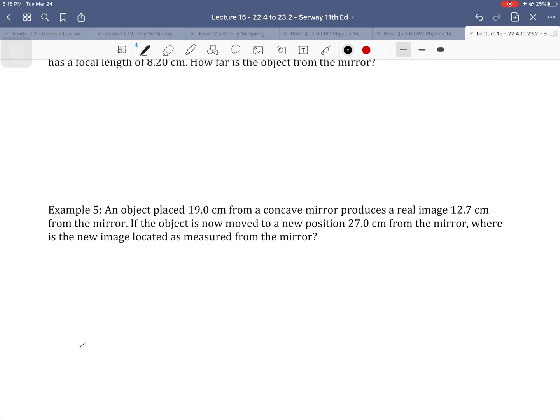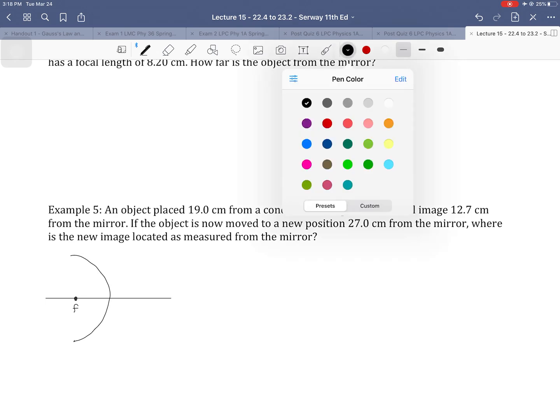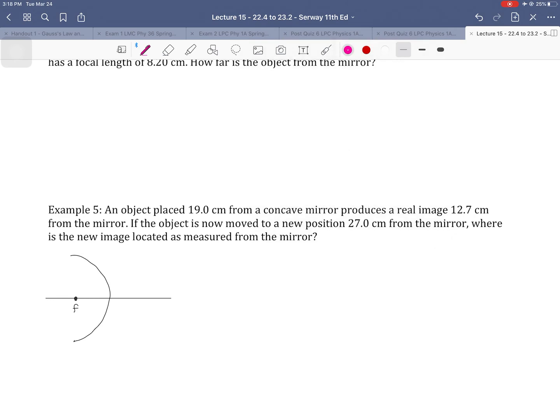Okay, so another quick sketch here. So this is our concave mirror. Do a bit better job than that. Yeah, passable. And here we'll have our optical axis. Okay, and then we're going to have our focal point. Then we're going to place our object 19 centimeters away.